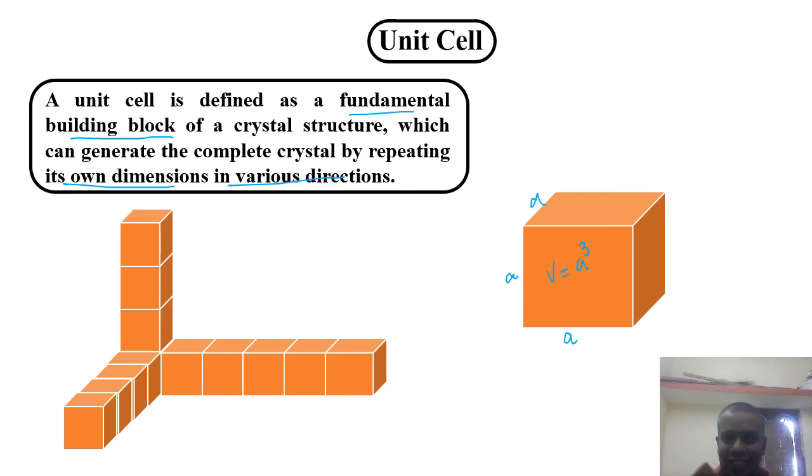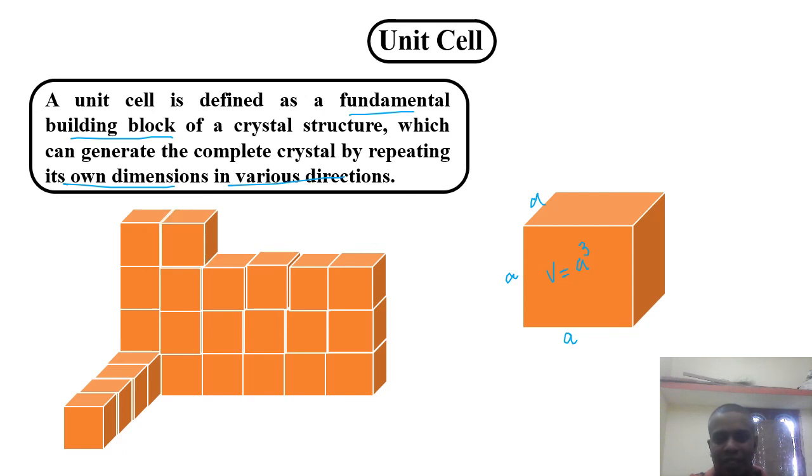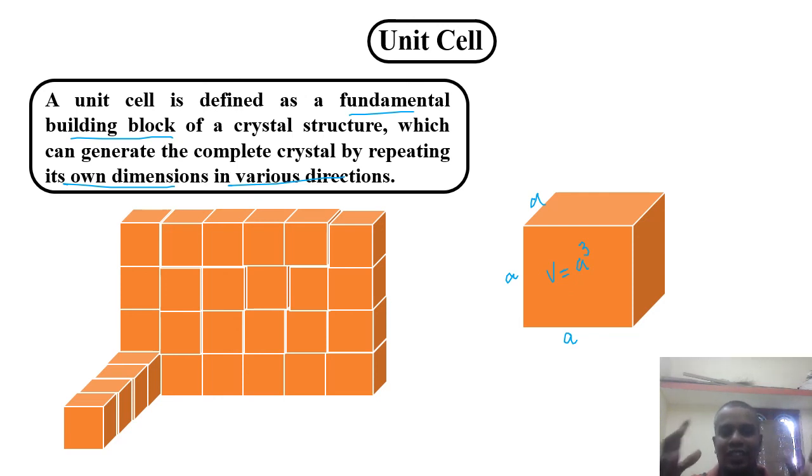If you want to generate it exactly, you have to repeat row by row in the x direction. See here, it actually looks like one wall, like bricks, so it will form one wall kind of thing. The crystal structure also looks like that. If you repeat that wall in the other direction, it will form a complete crystal structure.